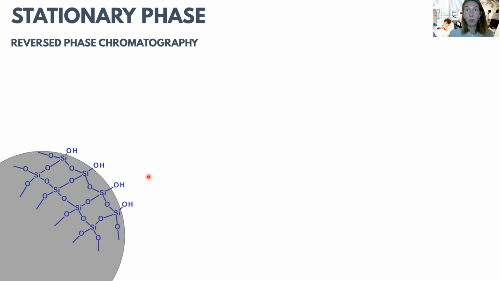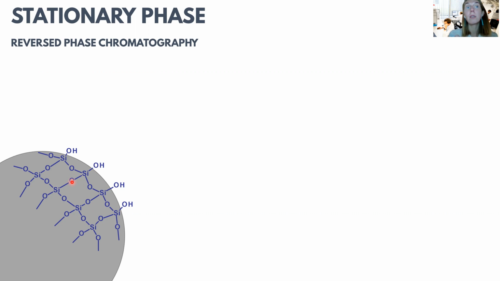The heart, of course, again, is in the column and in the interactions that determine the retention in reverse phase chromatography. The stationary phase in reverse phase chromatography is usually based on silica particles. So silica particles are these silica oxygen frameworks.